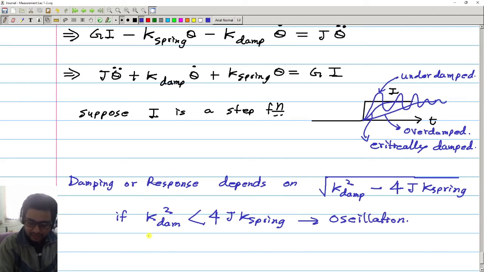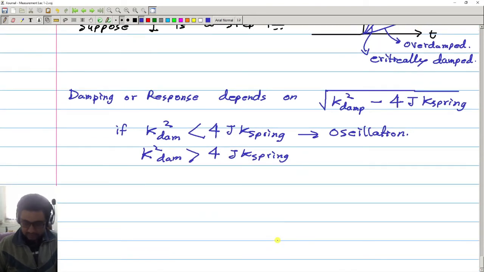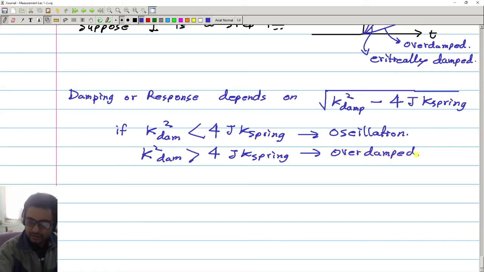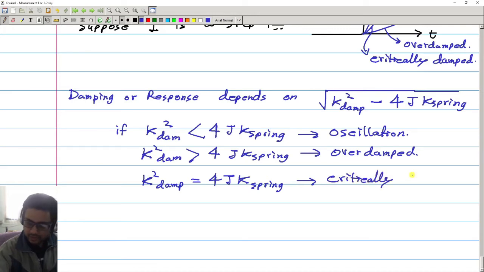If this factor is much larger than 4 J K spring, then this is overdamped, and the best case is when these are equal: critically damped.